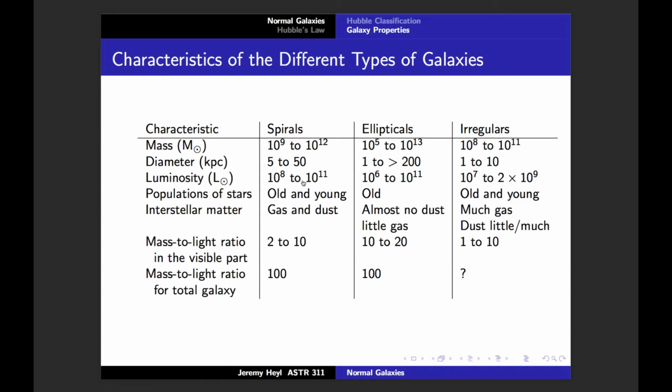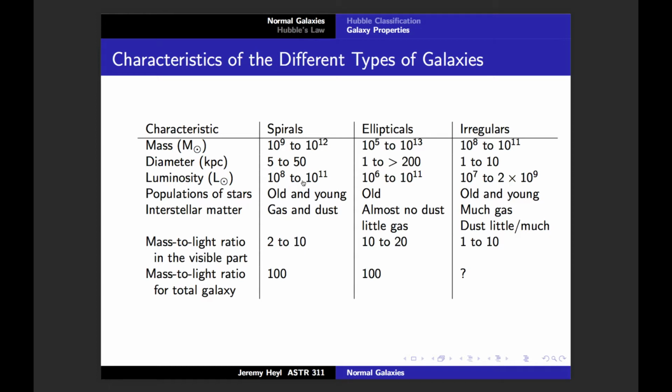Now the key thing is, we can see all these things. The spirals have young stars and old stars. They have a mixture of populations, and they have gas and dust. The gas is the raw material to make stars. And the dust also helps. It's maybe a catalyst to making stars.